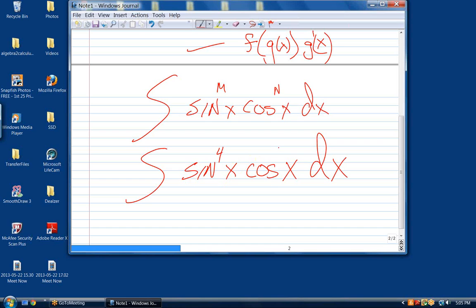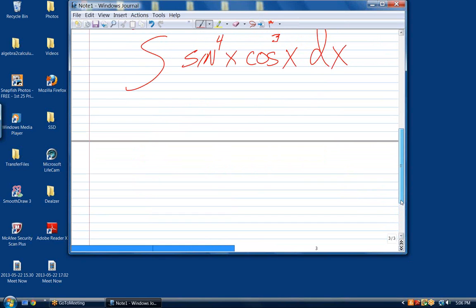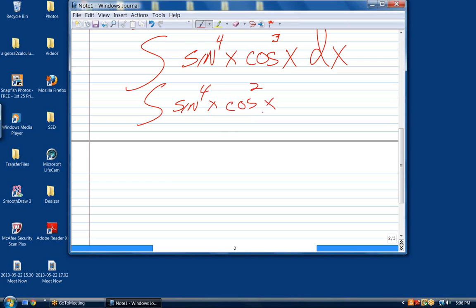Okay, so now let's consider a more complicated situation where sine has an odd power on it. Well, what I want to do here is take one of those cosines out. So I'm going to turn this into sine fourth x cosine squared x cosine x.